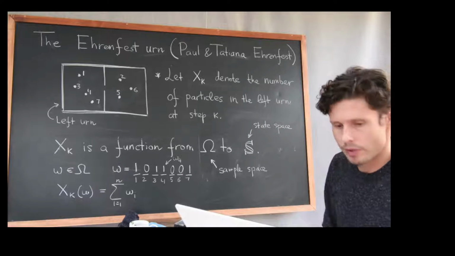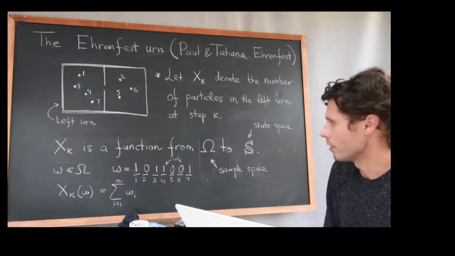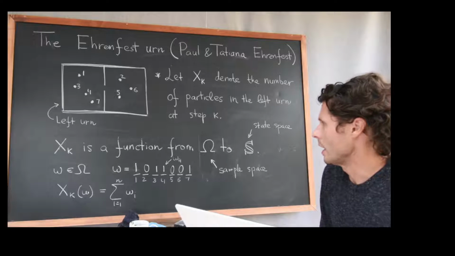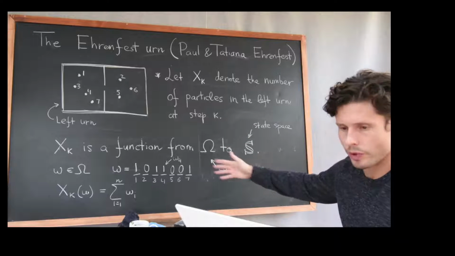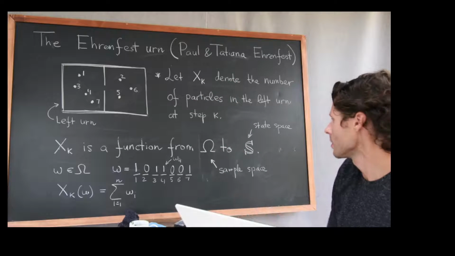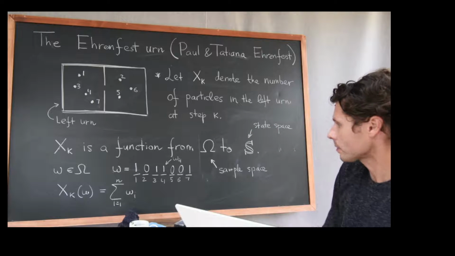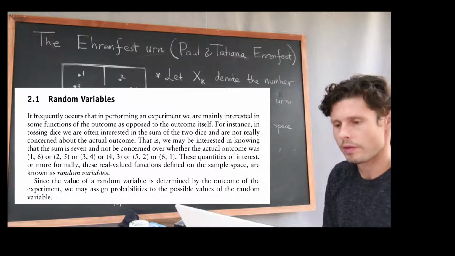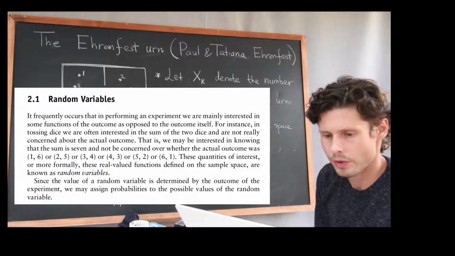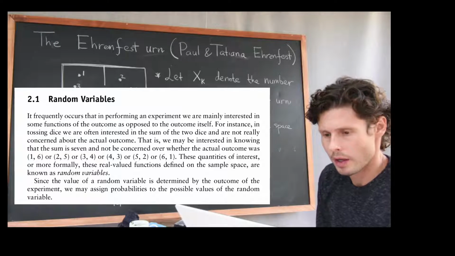So I've just demonstrated very precisely that Xk is a function from this sample space, which fully describes the state of the system, to a state space. And going back again to Ross's description of a random variable, you should read the example that he brings up here.